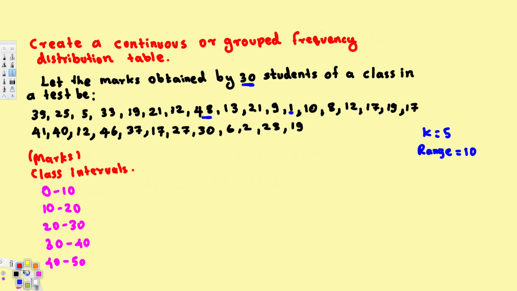Now the next important thing we have to consider is that the 10 is not included here, and for this one 20 is not included. So if you have a 20, that will come in the next one, and if you have 10, that will come in this one, the 10 to 20 range.